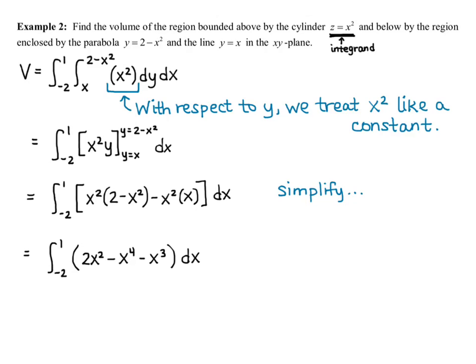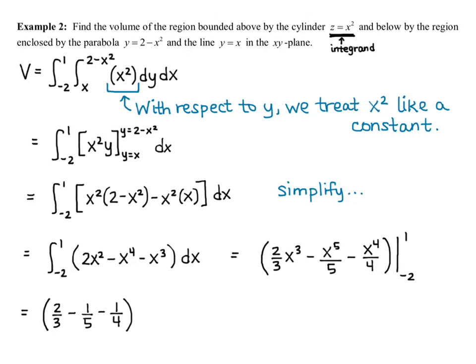Now we need to find the integral from -2 to 1 of 2x squared minus x to the 4th minus x to the 3rd dx. We use the power rule to get 2/3 x cubed minus x to the 5th over 5 minus x to the 4th over 4 evaluated from -2 to 1.